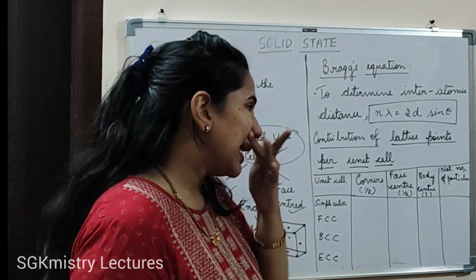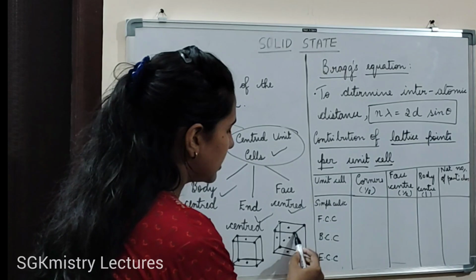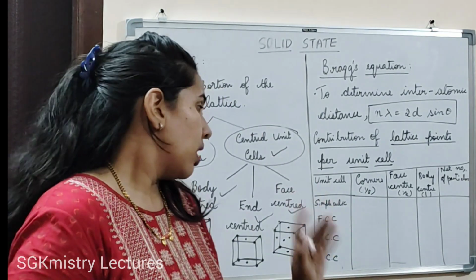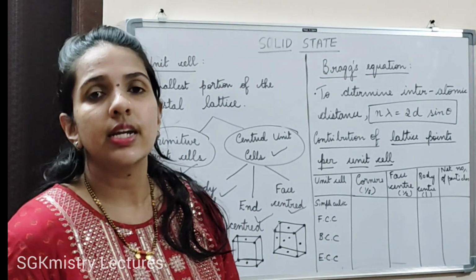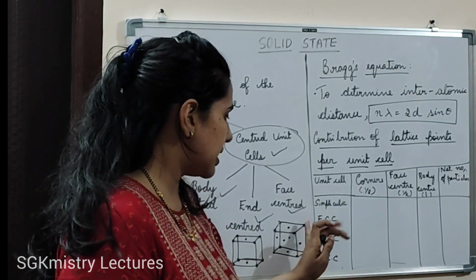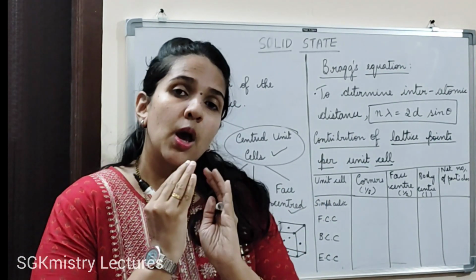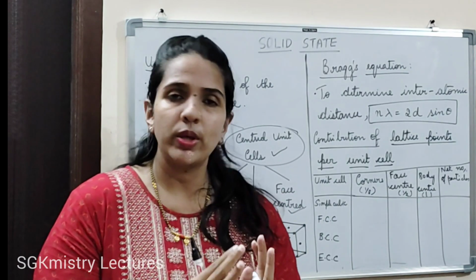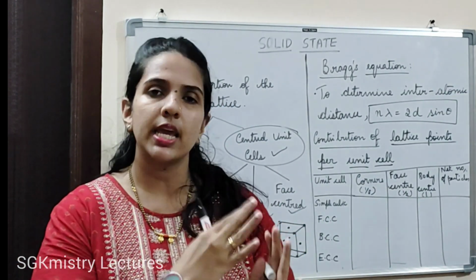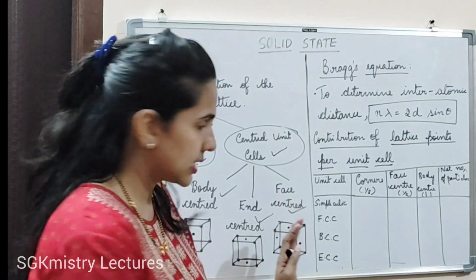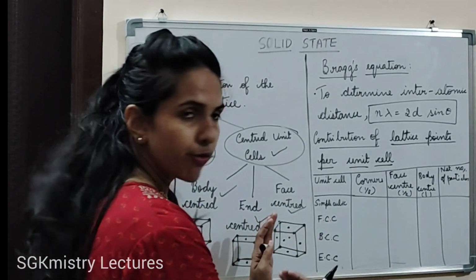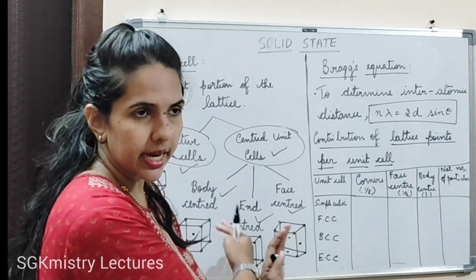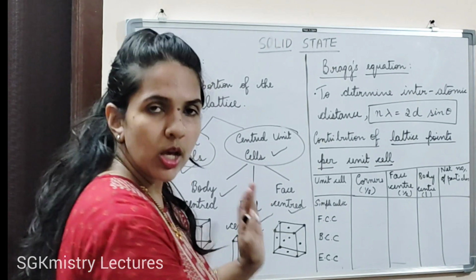Now we know that the corners are nothing but these which I have shaded. Each corner is shared between 8 different unit cells. A unit cell is the basic unit of the entire crystal lattice, so along with one unit cell there are other unit cells in all directions: this side, front, behind, upper, below, left and right.